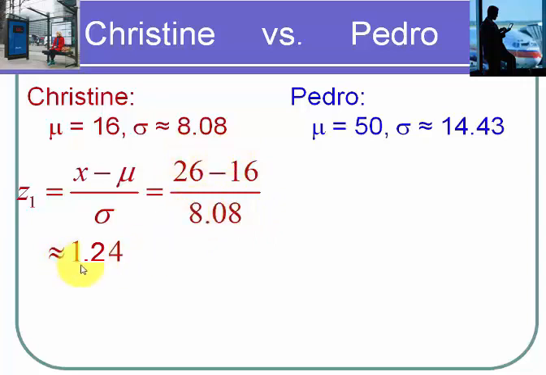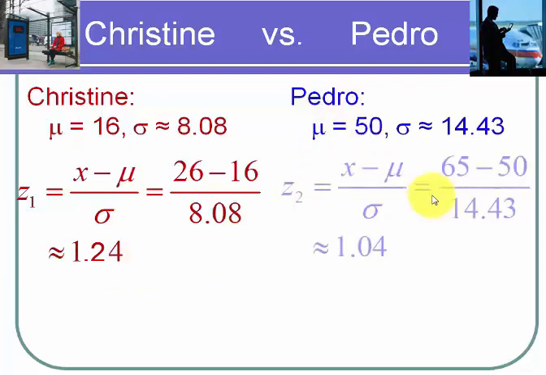That is 1.24. For Pedro, his wait time was 65 minutes, so I put in 65 minus 50, and I divide by 14.43. So Pedro's z-score was 1.04.